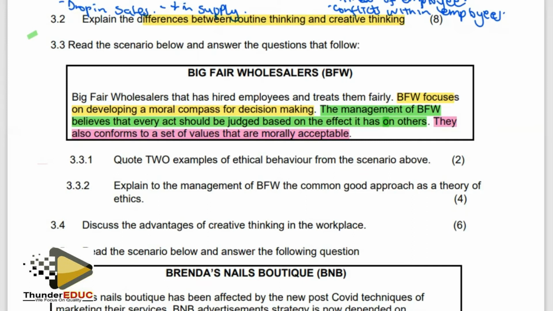So look, the first one is that BFW focuses on developing a moral compass for decision making.